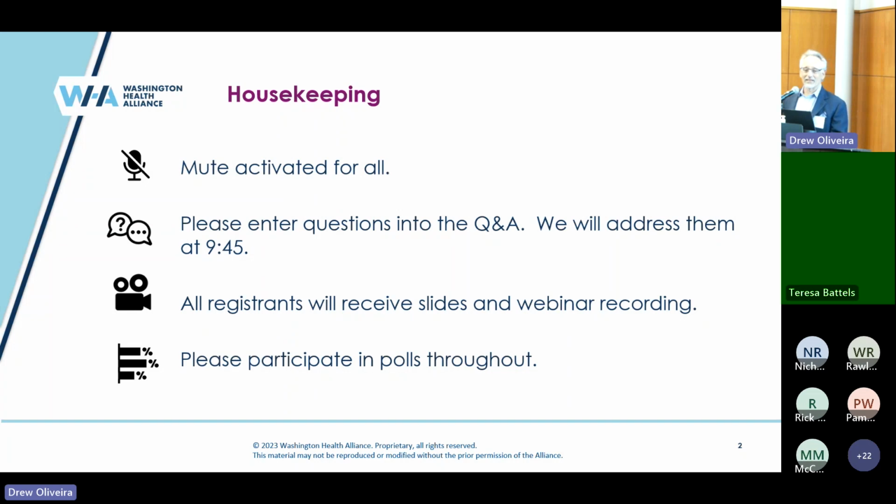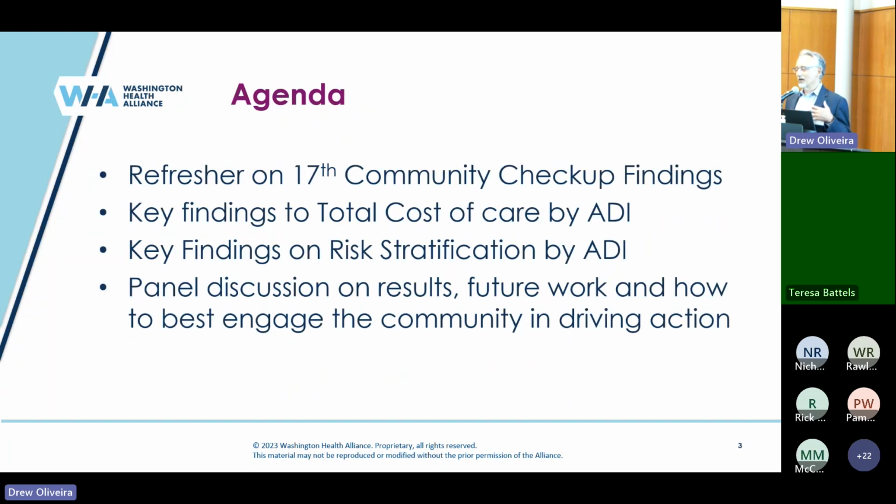But let's go ahead and get started. So I'm going to give a quick refresher, or maybe not so quick refresher, on what we presented in March and some of the findings that we had. And then we'll go into what we're seeing from a cost and a risk status. We're also then going to break in about 30 minutes and do a little panel discussion in terms of what those findings are showing, what was interesting, what was surprising, and start getting us prepared for the what next.